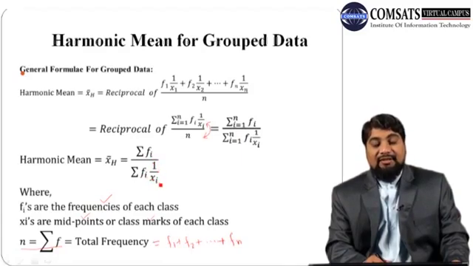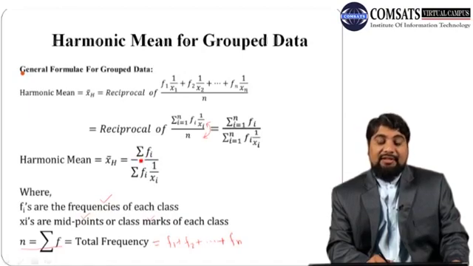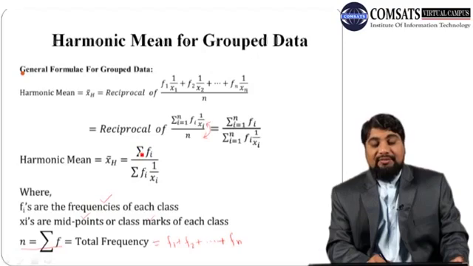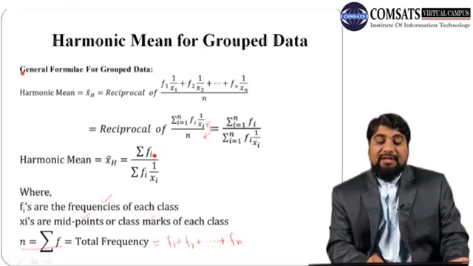Or we can write this in a clearer form as summation fi divided by summation fi over xi. You can omit the range of this summation, that i ranges from 1 to n. Or we can even remove the subscript i as well.